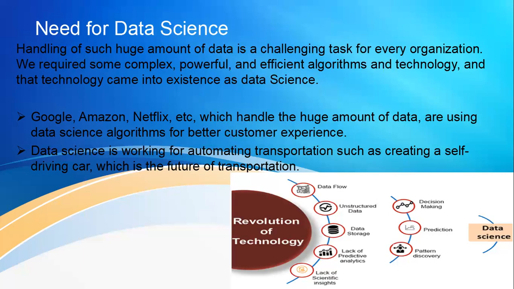So to handle, process, and analyze the data, we require some complex, powerful, and efficient algorithms and technology. And the technology came into existence as data science. Now let's see some main reasons for using data science technology. As I told you, with the help of data science technology, we can convert a massive amount of raw and unstructured data into meaningful insights.